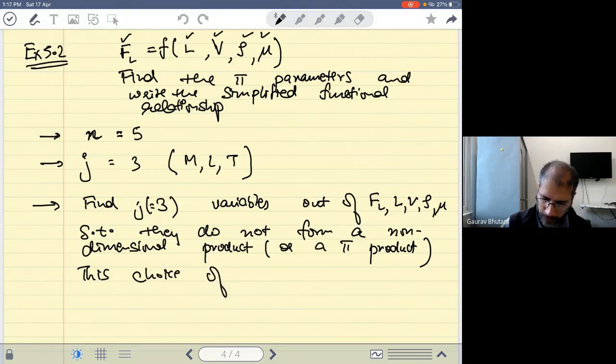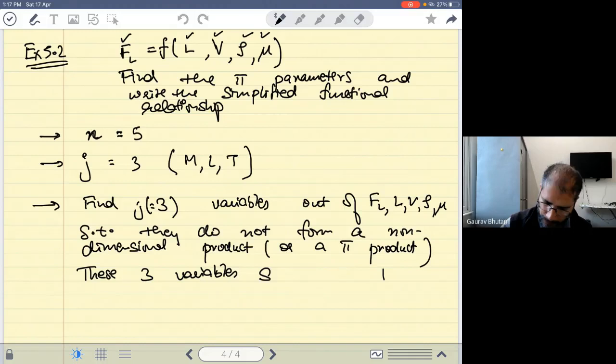So these three variables should be general.